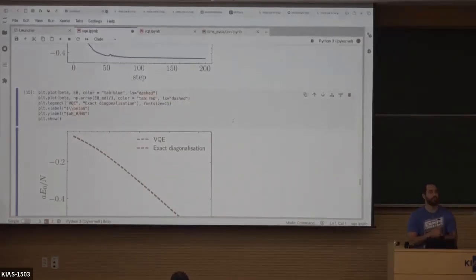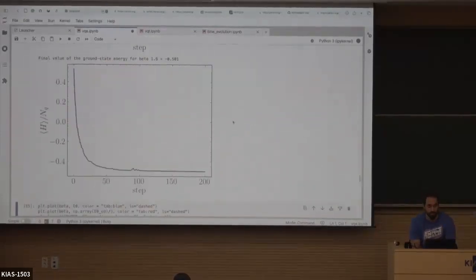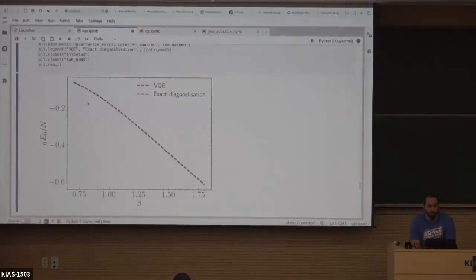Can I ask you one quick question? So that plot comparison was actually the ground state energy. If you actually compare the ground state, is it very similar to the exact diagonalization? It might not be. That's what I was saying. That depends very much on your ansatz.